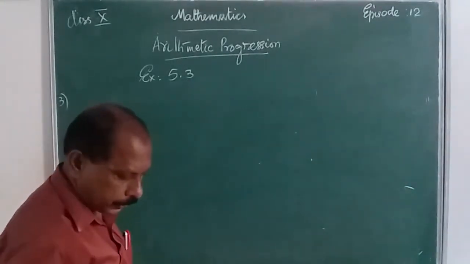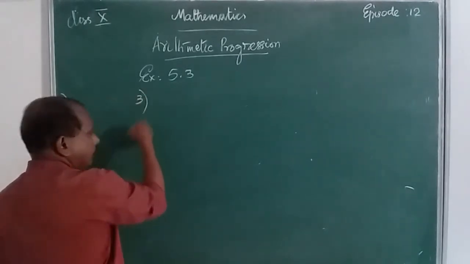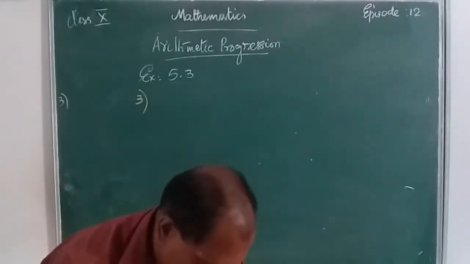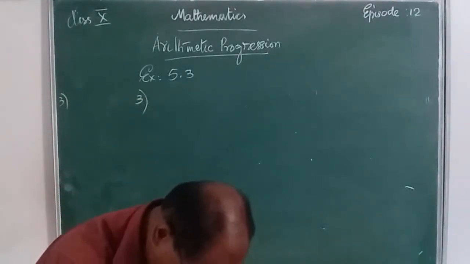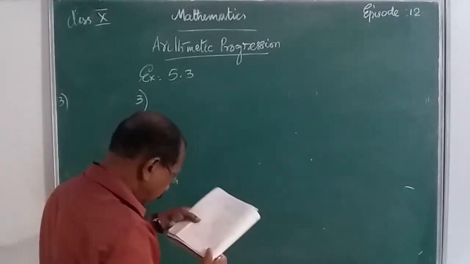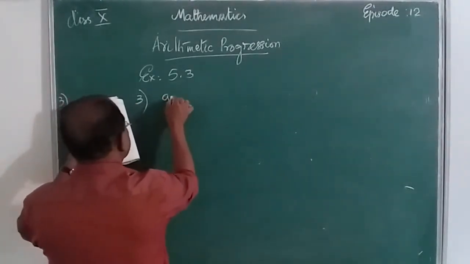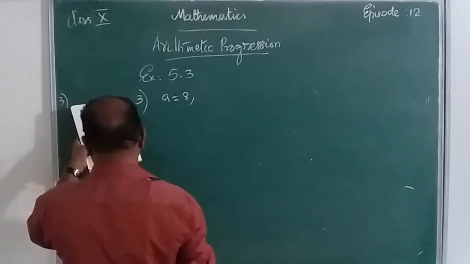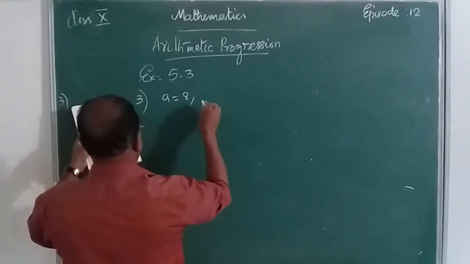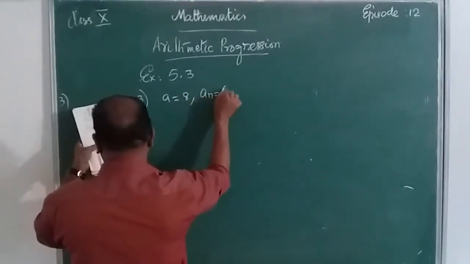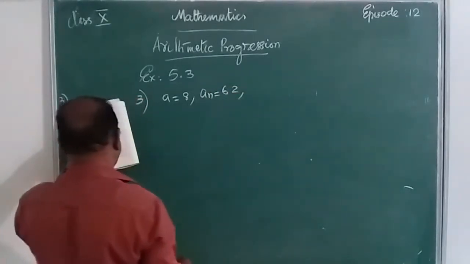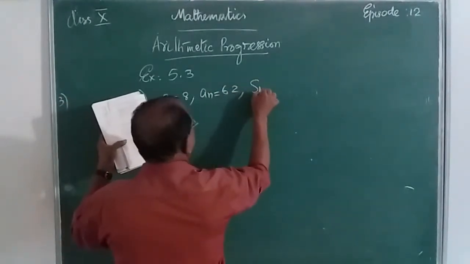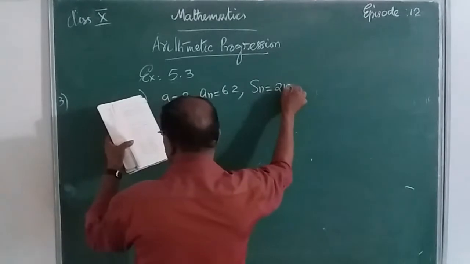Then third question, question number 3. a is equal to 8, an is equal to 62, Sn is equal to 210.